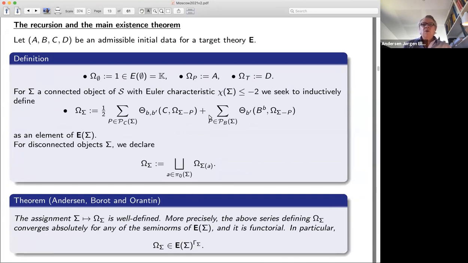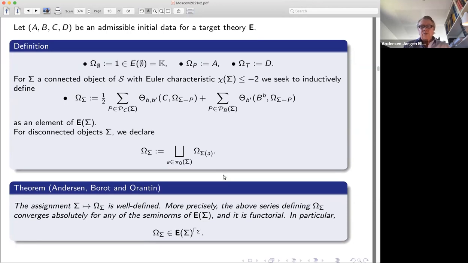So we run the formula you saw before on the initial setup that the pair of pants is A, the torus gets D, and for all other surfaces of Euler characteristic less than -2, we recursively define it via this recursion formula we just discussed in detail for connected surfaces, and for disconnected surfaces we just use this disjoint union morphisms to define them.